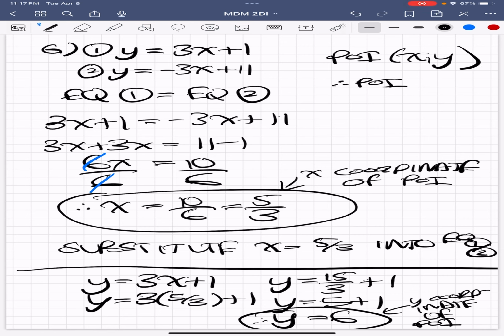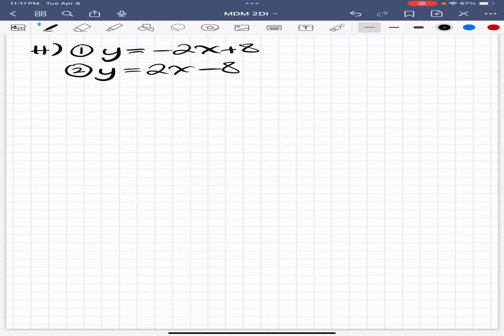Moving on. So we have equation 1 equals equation 2. Okay, so we have 8 plus 8, and then 2x plus 2x.